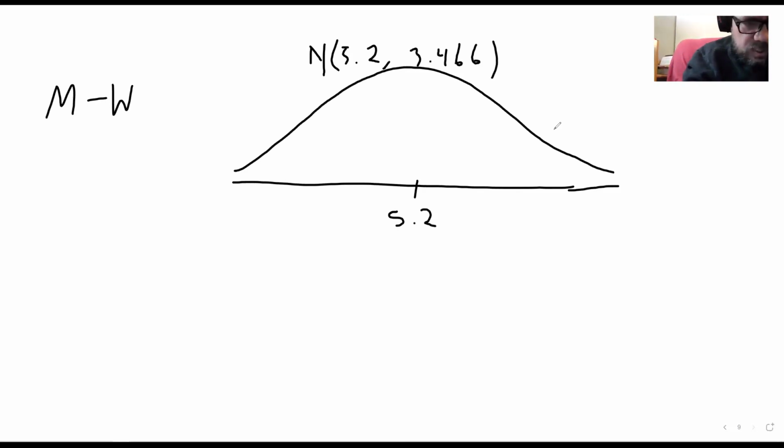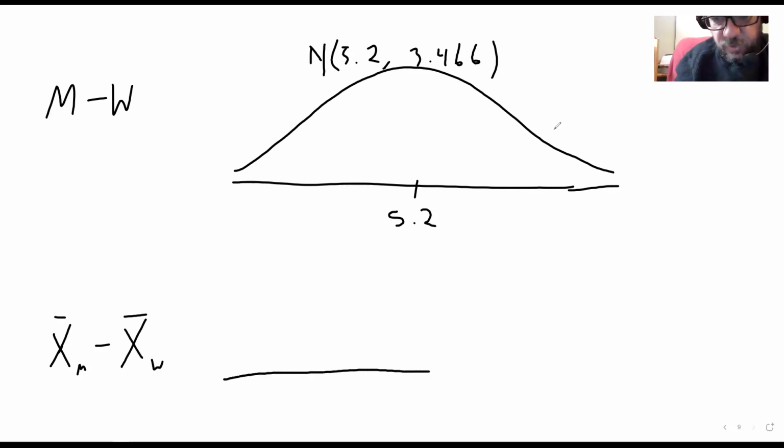And so x bar m minus x bar w, we figured out it was normally distributed with a mean of 5.2 and a standard deviation of 0.943, which is to say about a third of the standard deviation of this, which means it's going to be 3 times less spread out, which is to say that it'll be more compact, and 3 times taller, because the area under the whole thing is still 100%. So if you squish it in, it grows up because it has to have the same area. So what you end up with is something that looks like this.